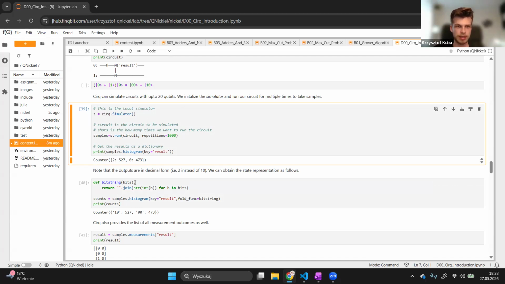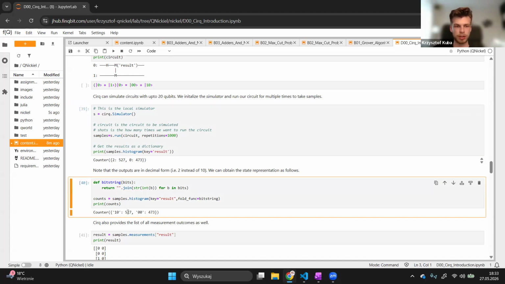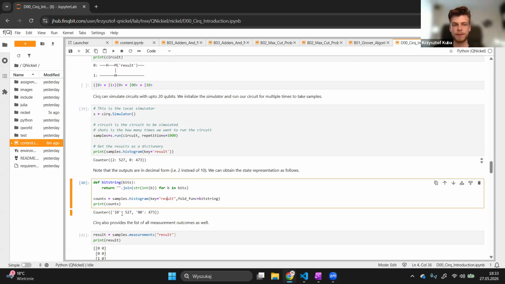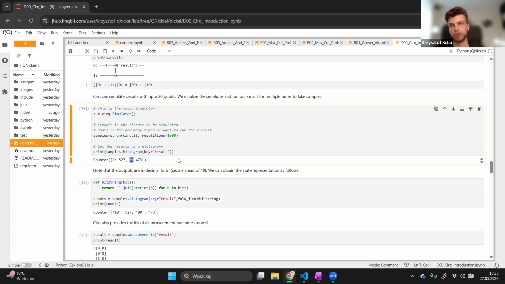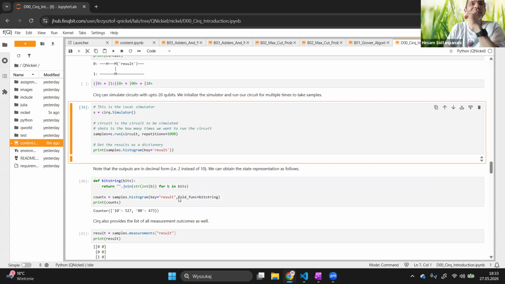So 1, 0 was measured 500 times, and 0, 0 was measured 400 times, but in decimal representation those 2 bit strings are represented as 2 and 0. Have I answered your question? I hope so. Great, thanks.